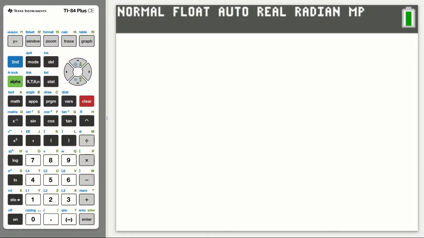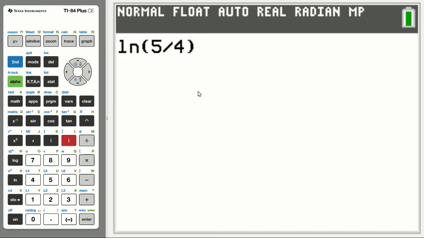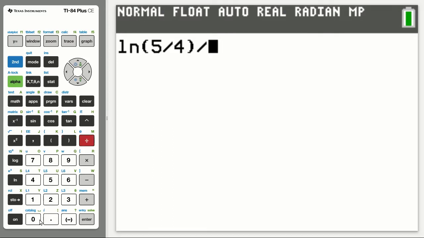On the calculator, it's a matter of accessing the LN key, and then I'm going to type in 5/4, close the parentheses, and divide by 0.02.